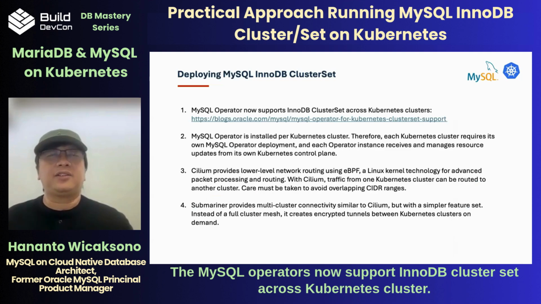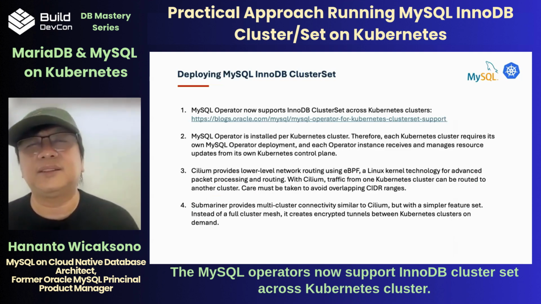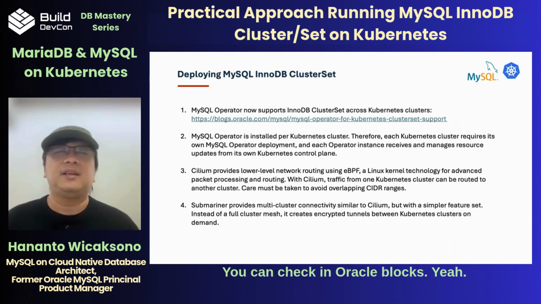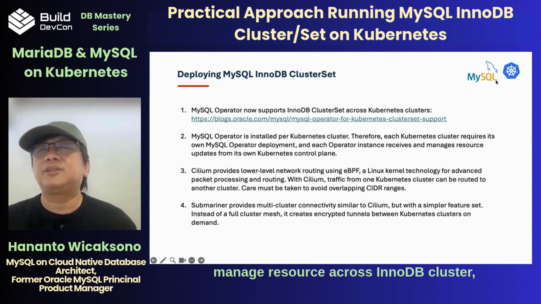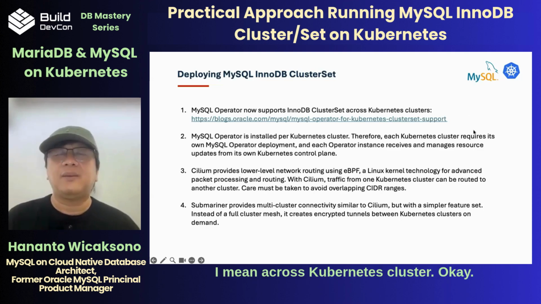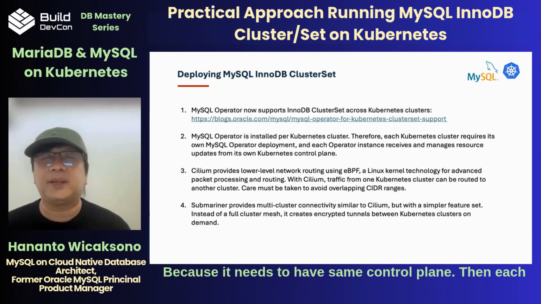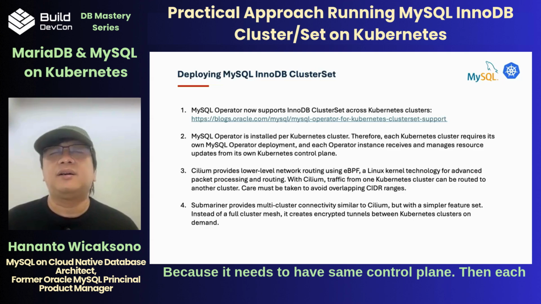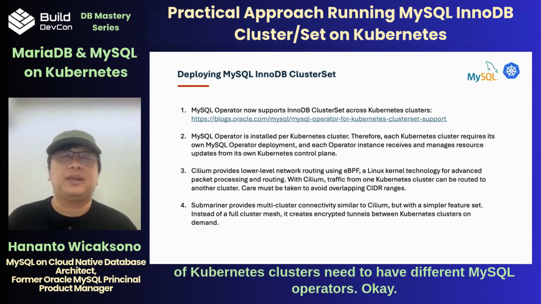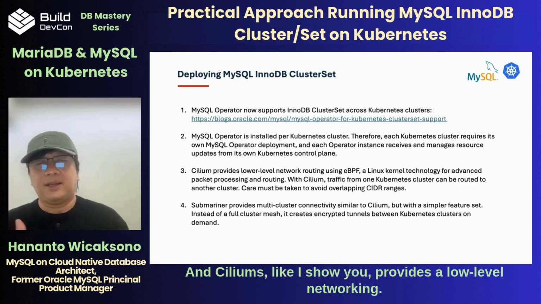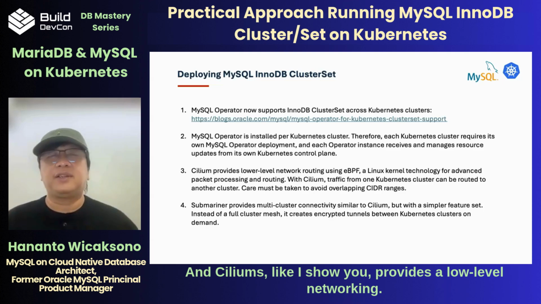Good news, the MySQL operator now supports InnoDB cluster set across Kubernetes clusters. You can check in the Oracle blogs. Since the MySQL operator cannot manage resources across Kubernetes clusters, because that needs the same control plane, each Kubernetes cluster needs its own MySQL operator. And Cilium, like I showed you, provides low-level networking.